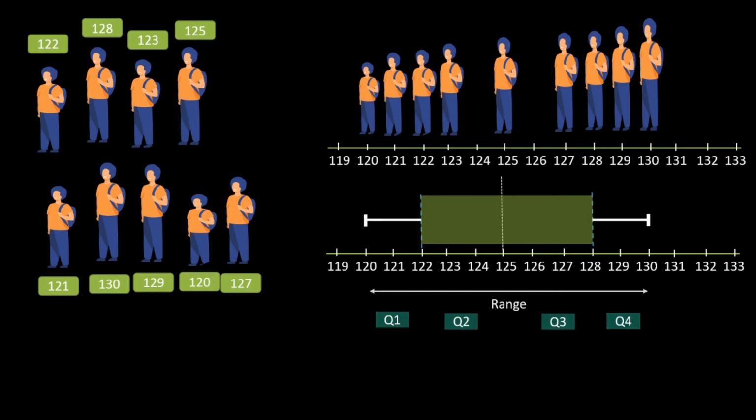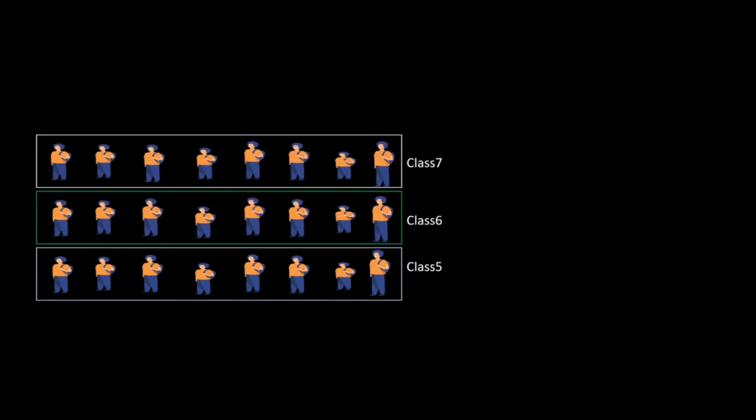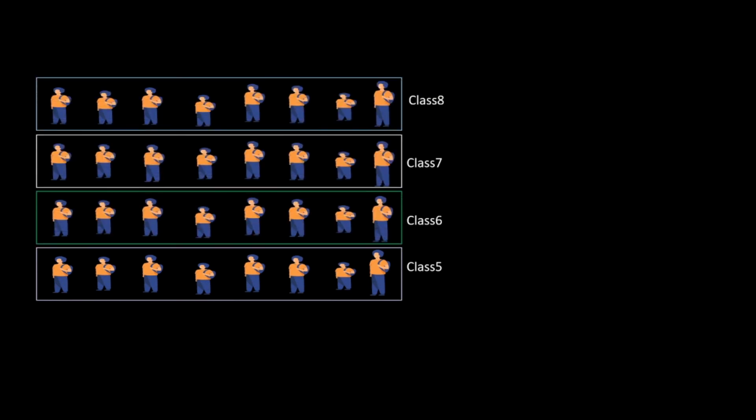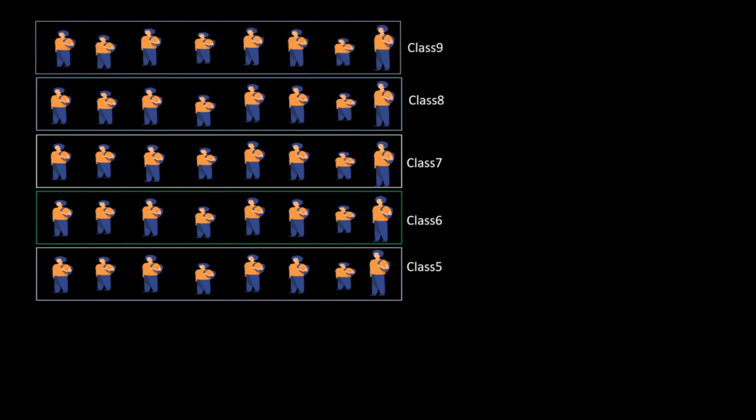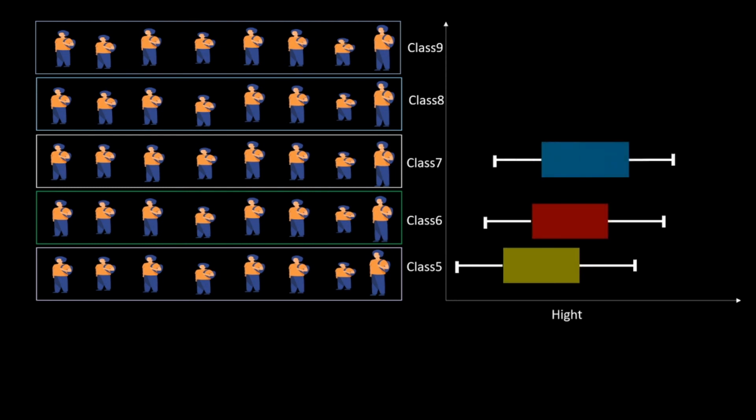Suppose this is the height plot for class 6. Now you want to compare class 6 height with other class heights. So you took a sample for each individual class, class 5, class 6, class 7, class 8 and class 9. And you started putting up the box plot for each individual class, like this.